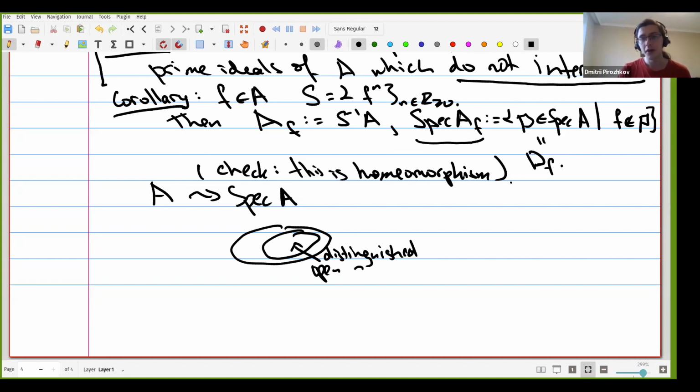Distinguished opens come from algebra in some sense, or you can interpret them in this algebraic way as spectra of the localizations. It's just a very useful point of view.